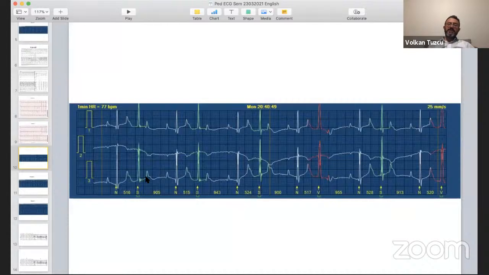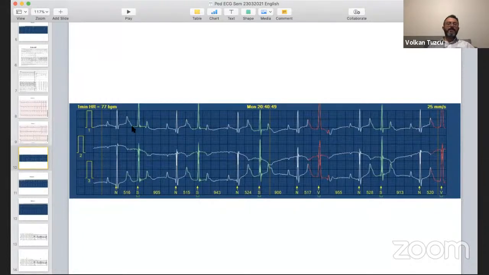So PAC has nothing to do with the ventricle, and PVC has nothing to do with the atrium. So you have to remember this. When you see something early, it has to be early compared to the baseline sinus rhythm for a PAC. When you want to call something a PVC, it has to be early compared to the native or intrinsic QRS.